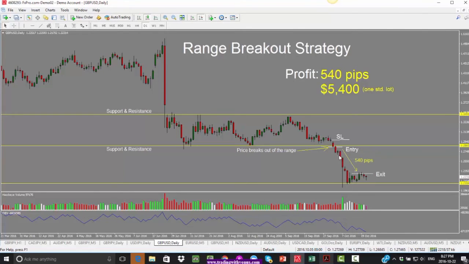So we stay in this trade as long as we have a bearish bias. That means we don't start seeing big green candles. So once we do see that, once we start seeing more green candles here, a nice engulfing green candle, it's time to exit the trade. So from entry to exit, 540 pips. Our profit is 540 pips, or $5,400 if we are trading one standard lot.